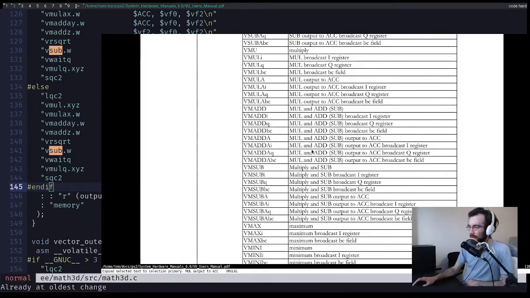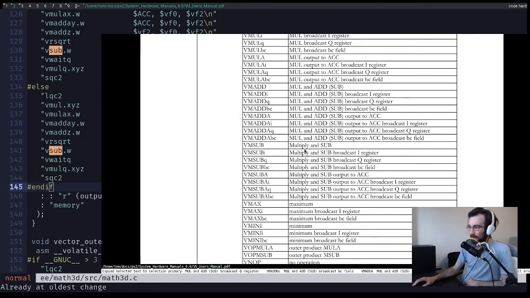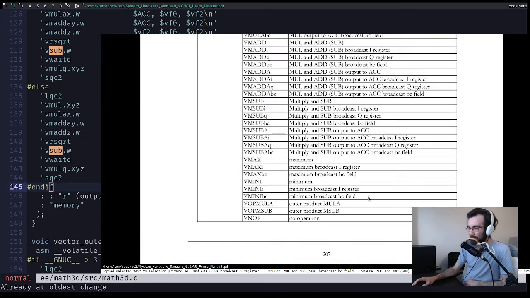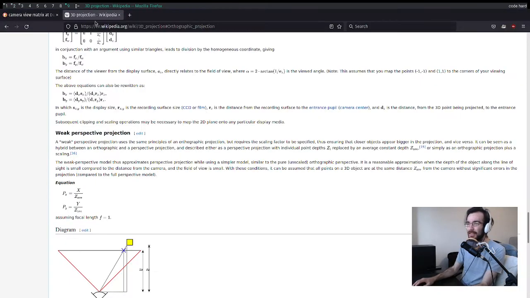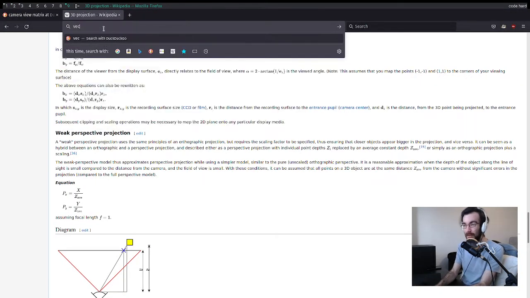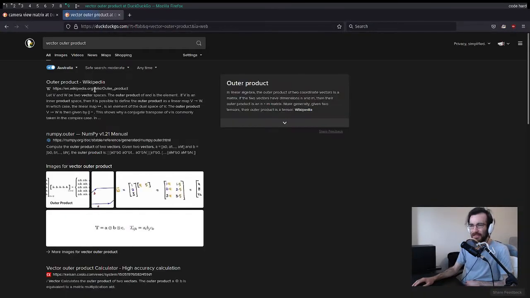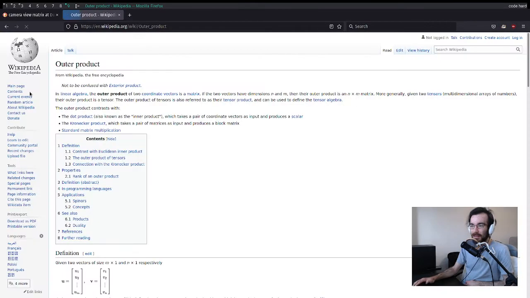Maximum, multiply and add. Multiply and add is a super cool instruction. Multiply and subtract, maximum, minimum. Outer product. Cool. What's the outer product? I don't know what the outer product is. Is that another name for the vector outer product? Is that another name for the dot product? Outer product.